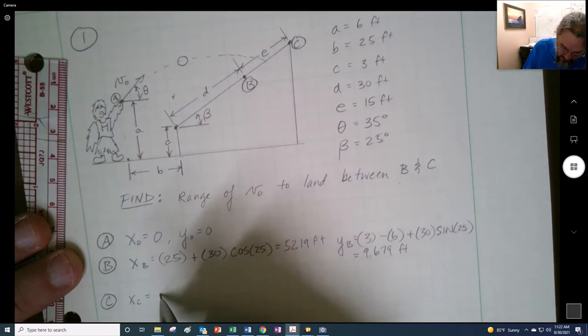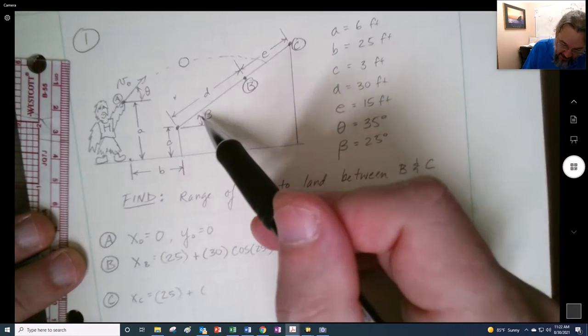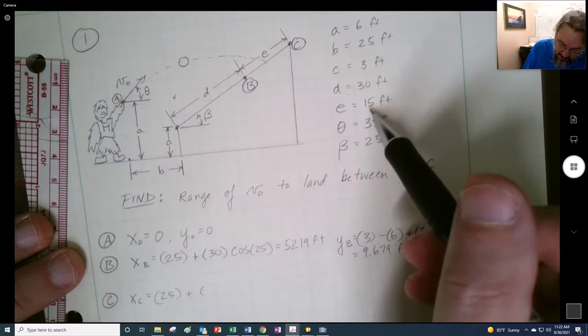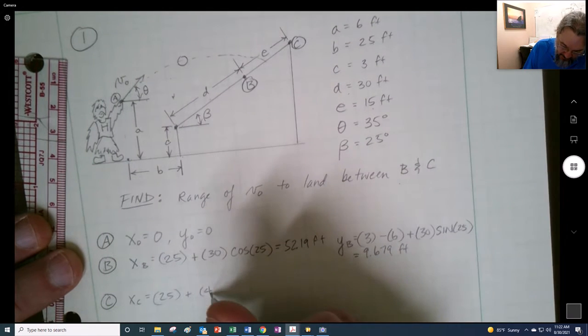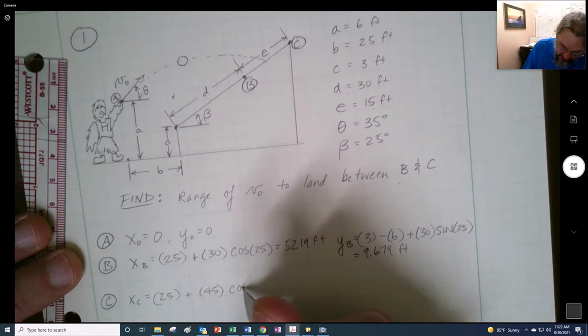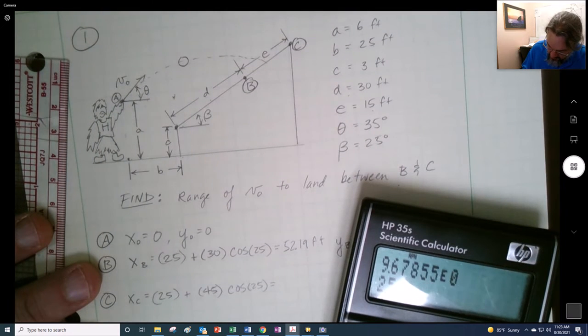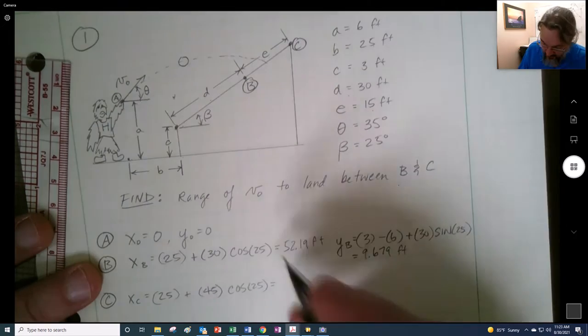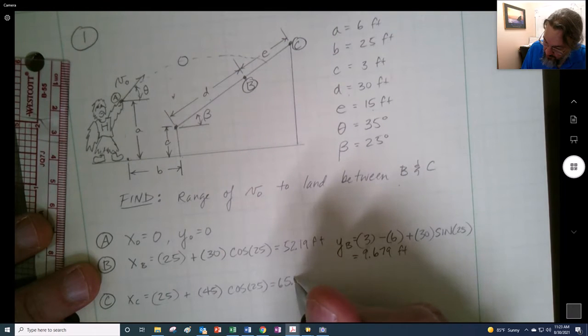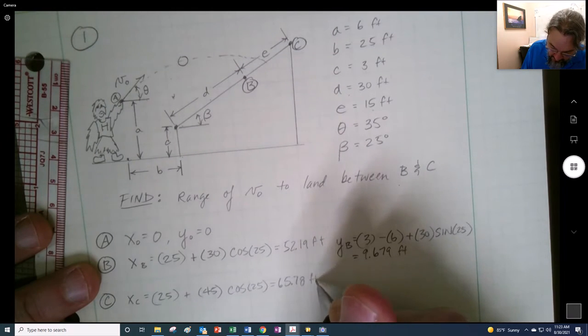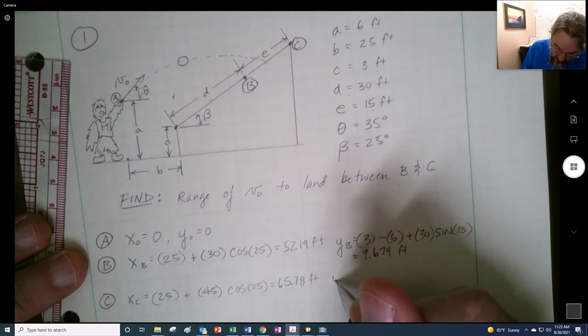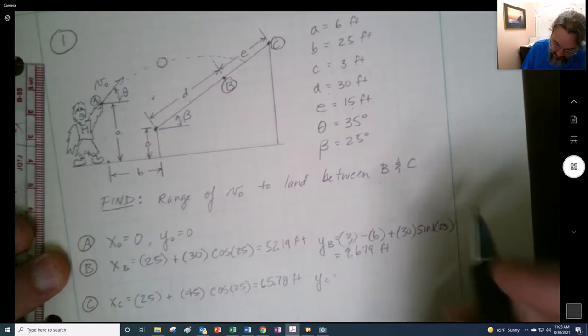Just now 25 feet plus, we're going to add these two, D plus E, so that's 45 feet times the cosine of 25. So I get 65.78 feet. And then YC, that's going to be the same thing.